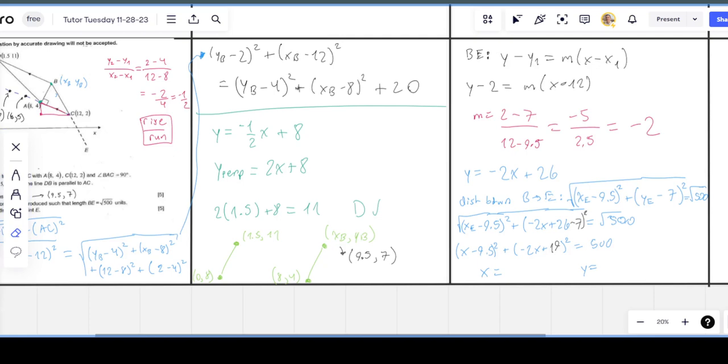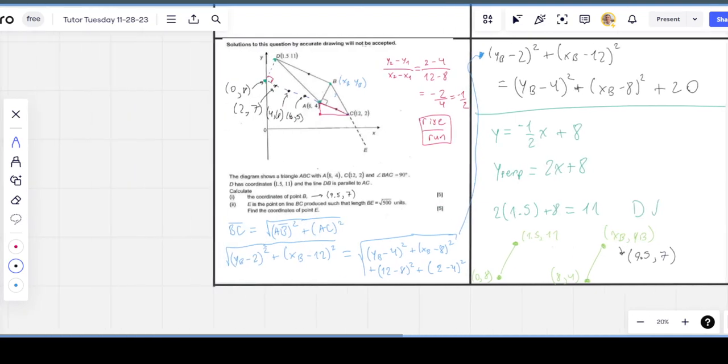No, that's... What am I doing? Because that's giving me an even worse answer. Oh, no. There's actually a positive case for this one. Okay, so the x would be, in this case, 19.5. That's actually a much nicer number. And then y is negative 2x plus 26, which is negative 13.